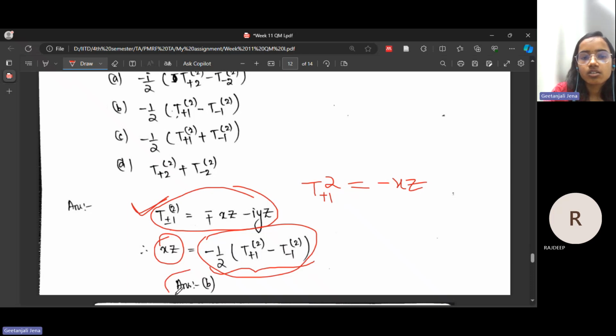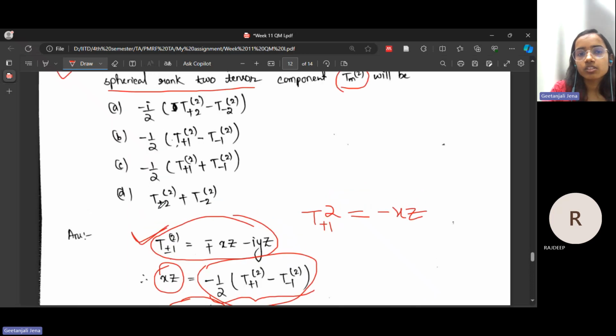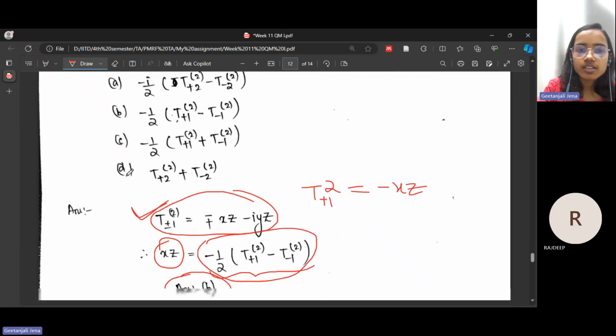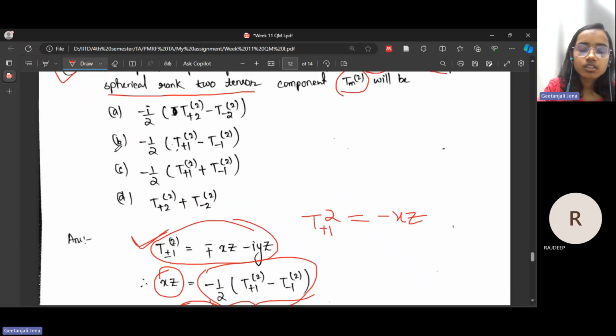So this is based on the definition. If you know the expression, then within 1 minute you can know the answer to this question. So the answer will be B, which is minus half T plus 2 and T minus 2.